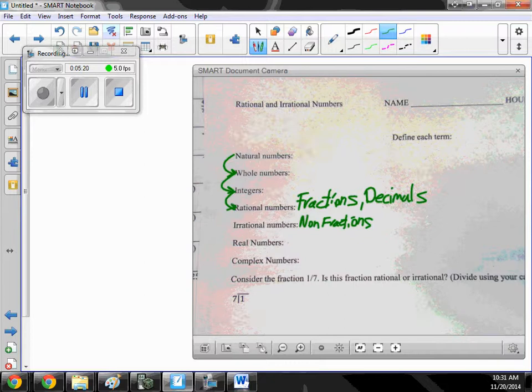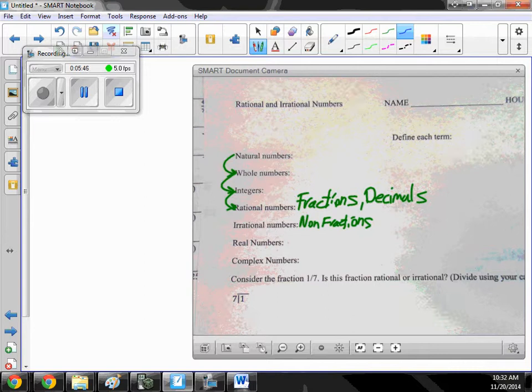Is that what you're asking? Say that again, sorry. Right. Or sometimes they don't even have a denominator. It's just a number without a denominator, and that number is irrational. But yeah, you're right.